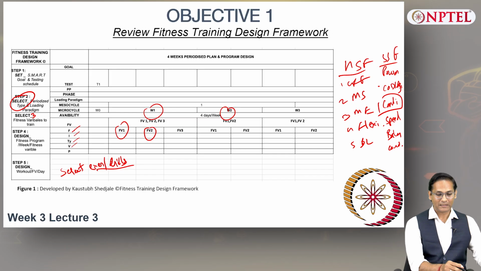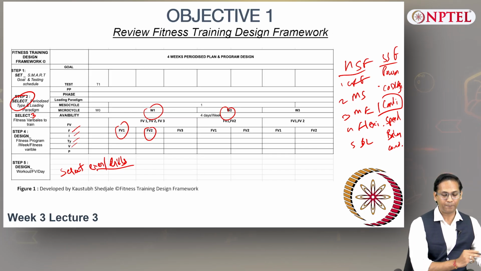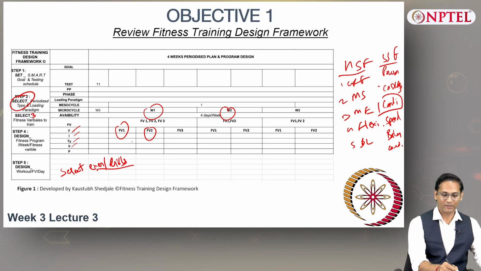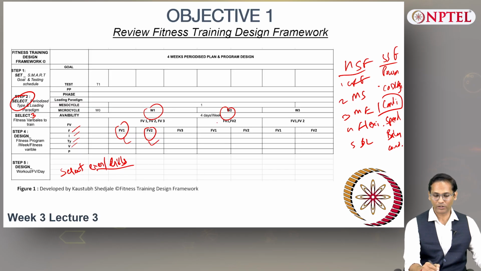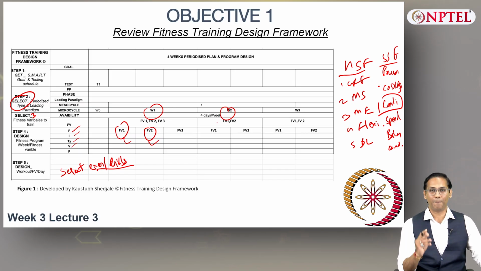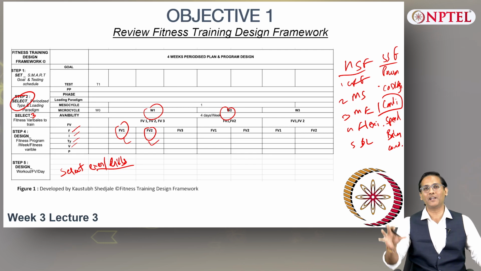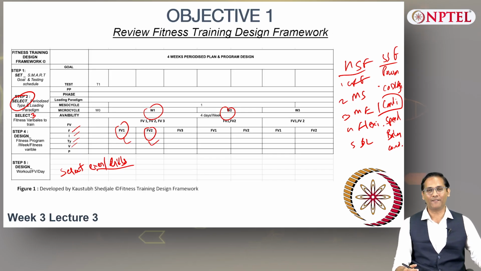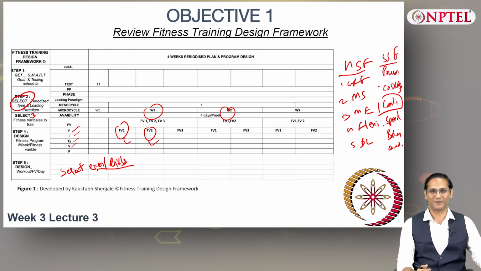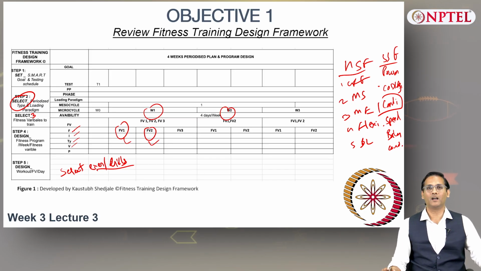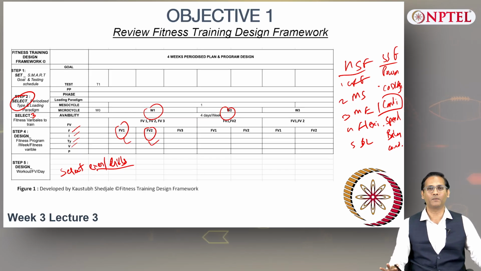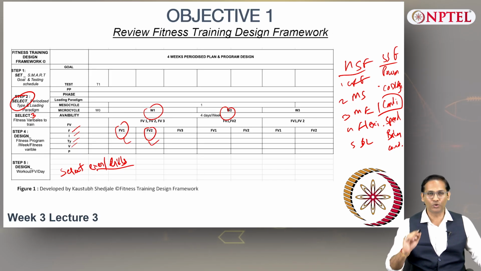And since you are applying a periodized plan, you ensure that this stimulation and progressive overload that you give is balanced and repetitive in a cyclic pattern. So that is the benefit of having this template in place. Now let's apply this template to design a fitness program for 2 cases.